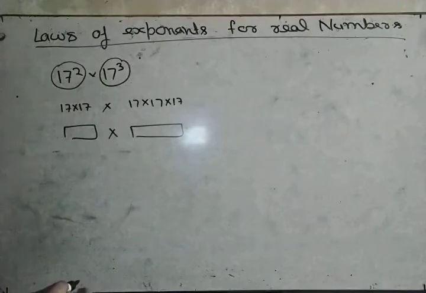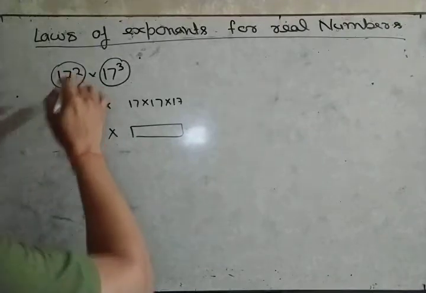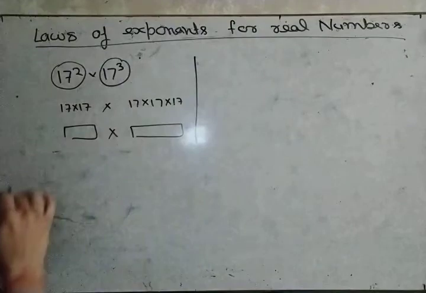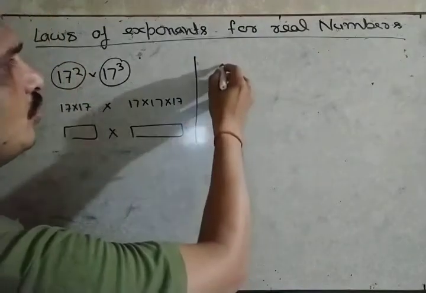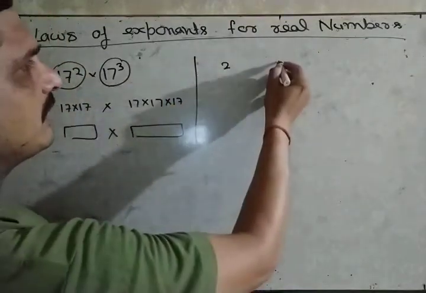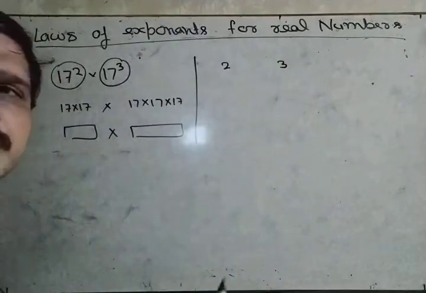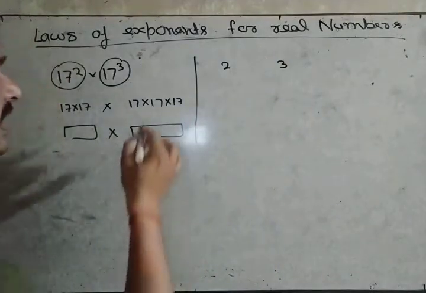But we have got here 17 raised to the power 2 and 17 raised to the power 3, and these powers are so small, so at least we can find out.